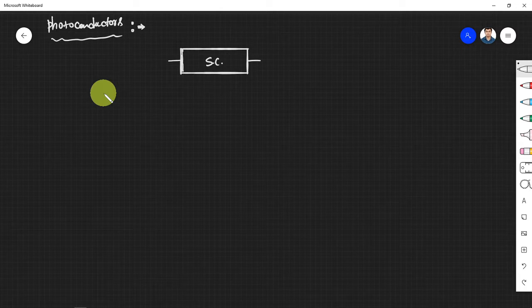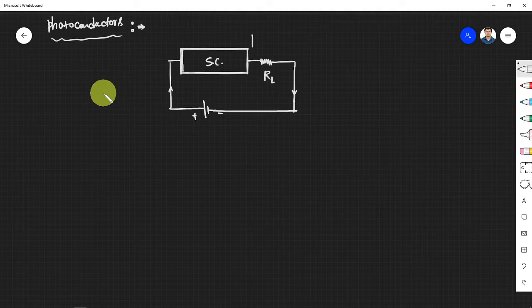Now we bias this with a resistor, so let's put a load R_L and connect it with a battery. We have the battery positive and negative, so this is our current flow direction. Now we can take the output across this R_L. So this is our V0.